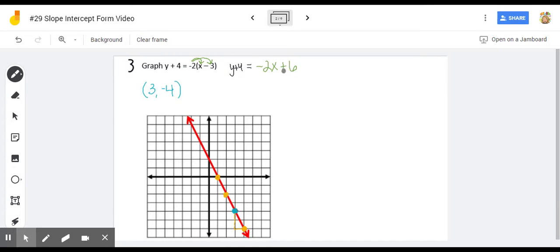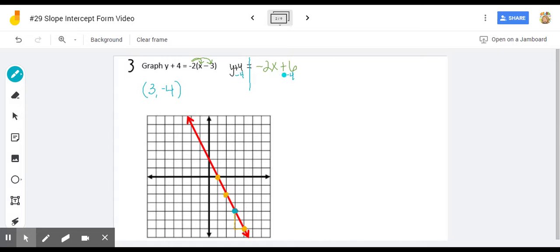So we just distributed. Now, we can also do a second thing, which is to undo this operation of positive 4. So we undo that by subtracting 4 from both sides of our equation. And what you do to one side of the equal, you must do to the other side of the equal.